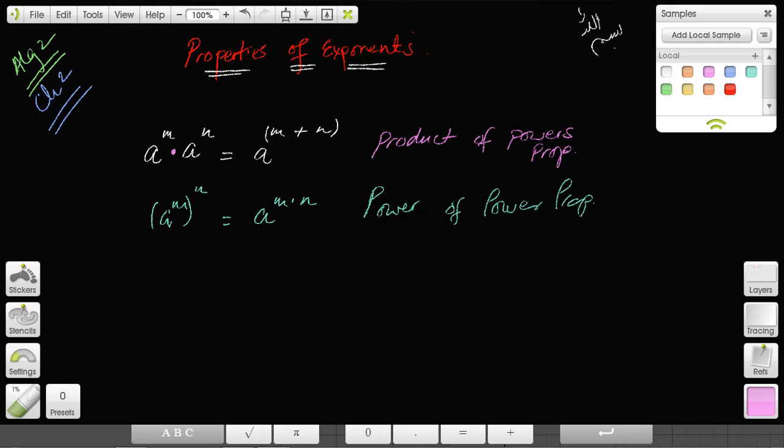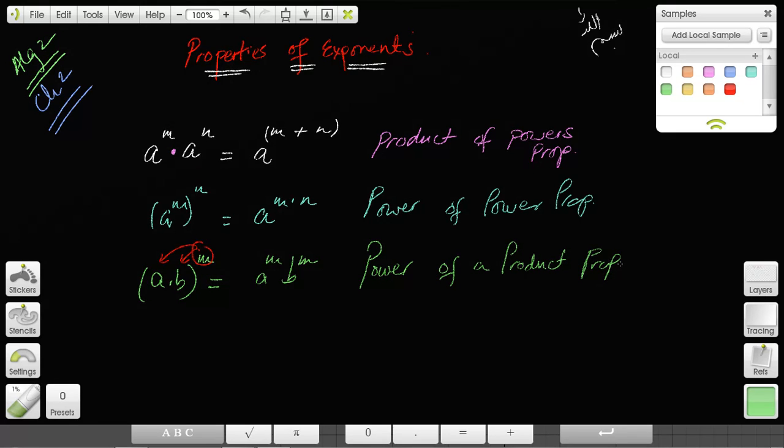Now this one, which we also know, (a times b) to the m. What do you do in this case? a to the m times b to the m. This is kind of like the distributive property, right? This property, however, is called the power of a product property.